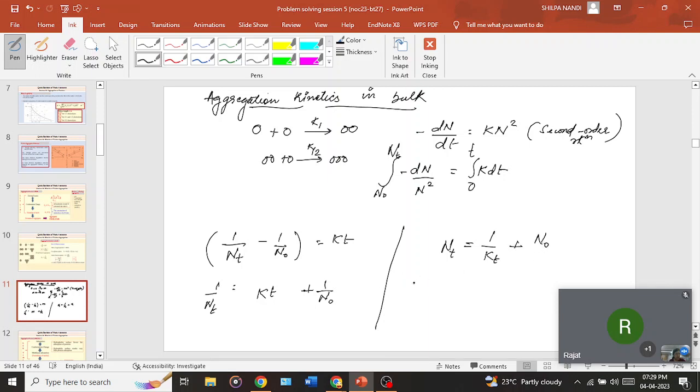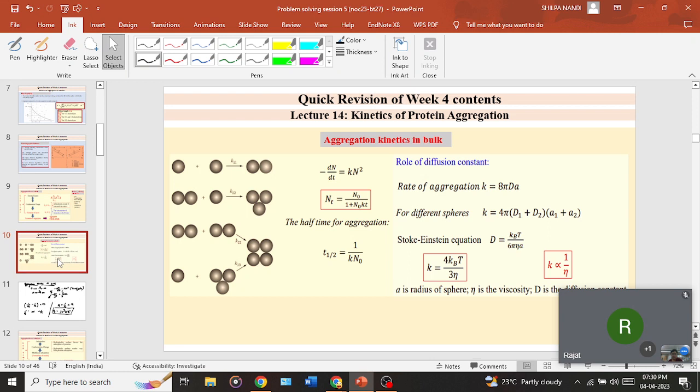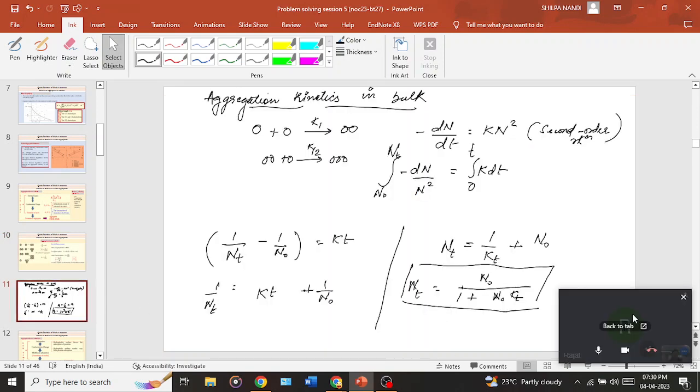And now you can see what's the value for nt, which is n naught by 1 plus n naught kt. I think this was the formula, yes. So nt is equal to n naught by 1 plus n naught kt.